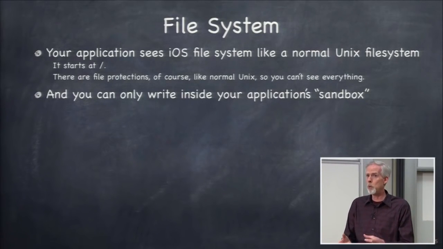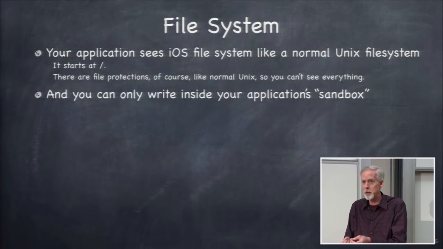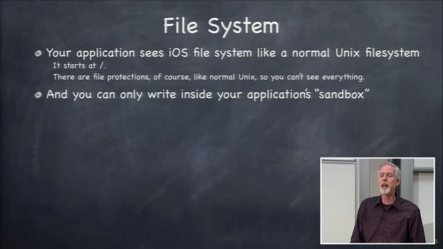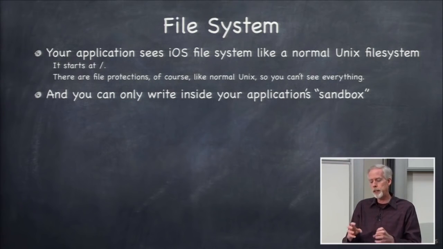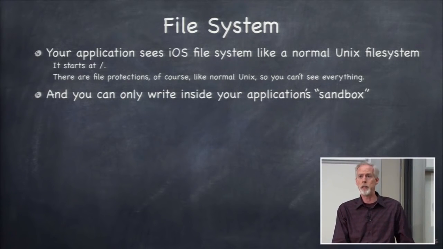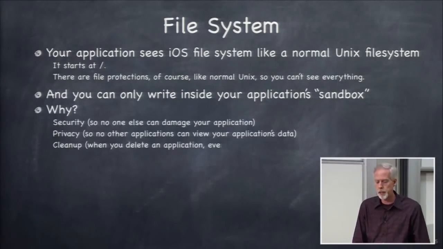Some of the places in your own sandbox you can't even write, like the place where your actual application is. You can't modify your own code by writing something in that directory. But many of the subdirectories of your sandbox you can write in. And you can read everything in your sandbox. We'll talk about how you get a URL into your sandbox in a second.